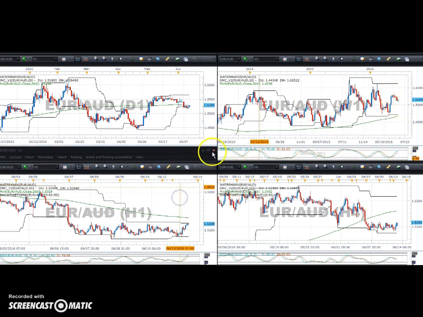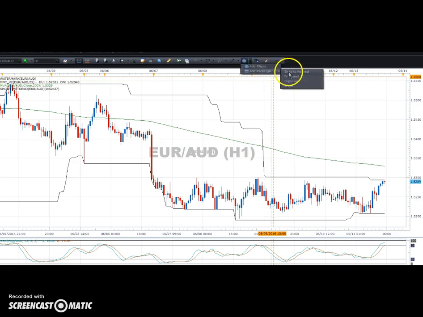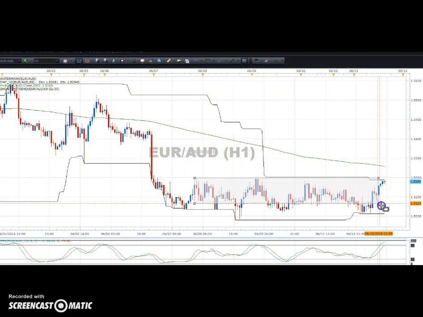Now, if I go to the 1 hour chart, which is what jumped out at me here for the range, let's take a look here. Let me outline this range for you so you can see it. What I'm looking at here, roughly.